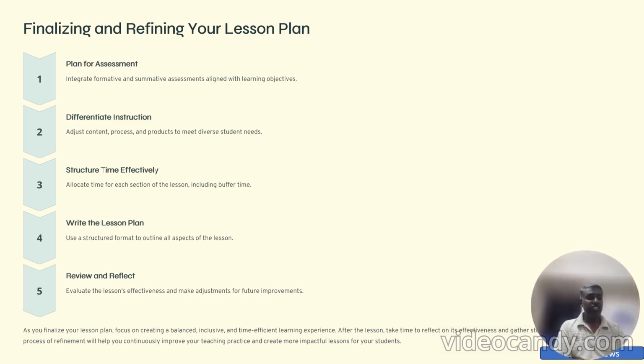Suppose the introduction part is 6 to 10 minutes, the main activity part is 25 to 30 minutes, and the closure part is again 6 to 10 minutes, automatically we will balance the 45 minutes, which includes the buffering limits, such as asking questions and getting proper answers.